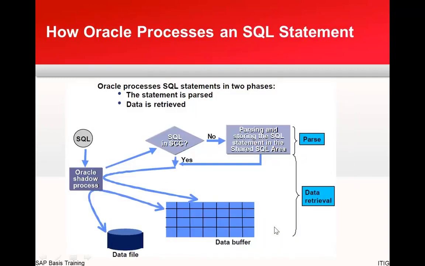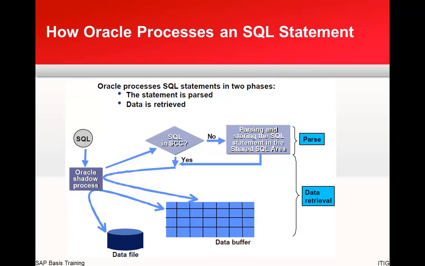Cost statistics refers to, if we follow a particular route, how much time it will take to process that particular statement. That is the cost. Cost is pretty important because it will govern the performance of a particular process, a particular statement, a particular program.